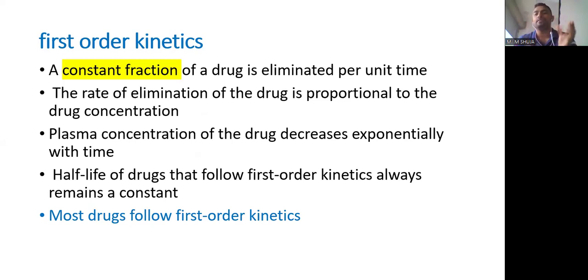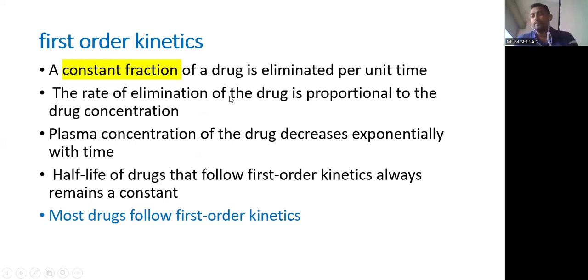It is similar to the T half we have seen. Each unit time, a constant fraction. If it is 100, then 50 percent of it will leave 50. Then again 50 percent of that 50 is 25. So each constant time, a constant fraction of the drug is eliminated. But the amount can vary.